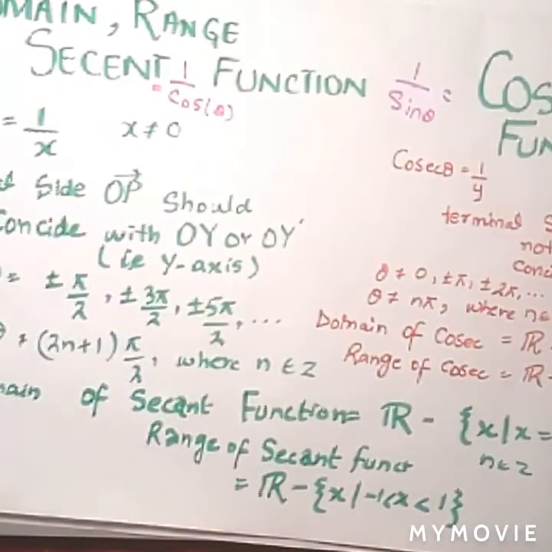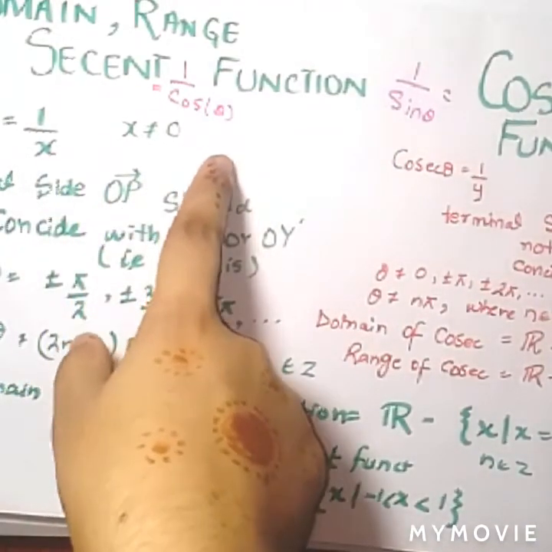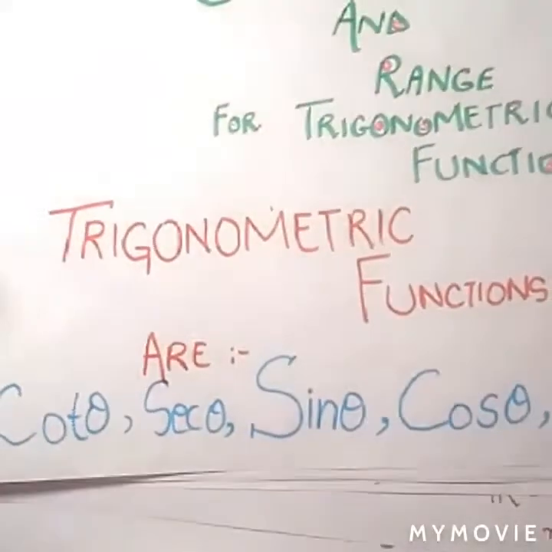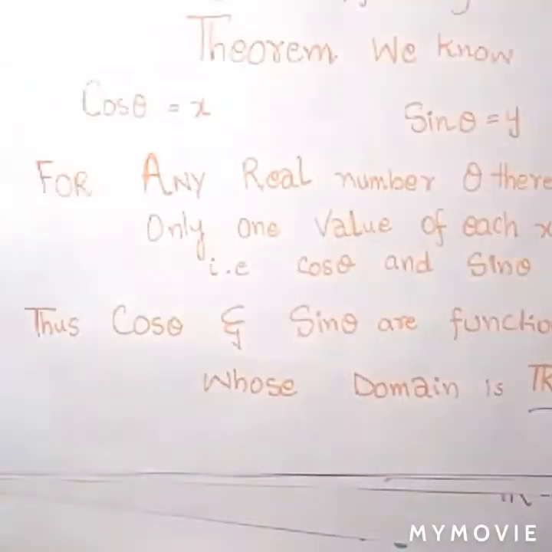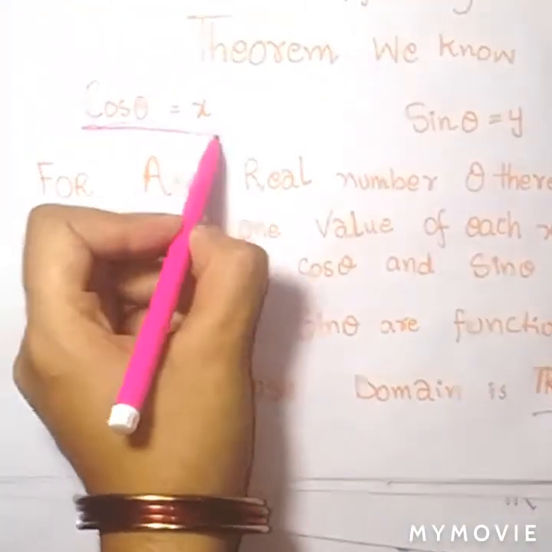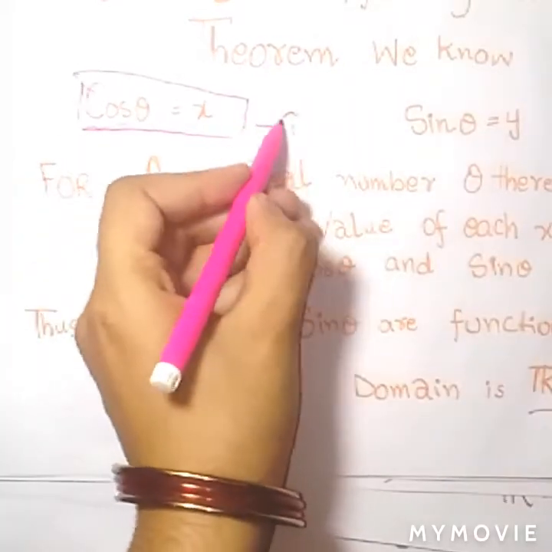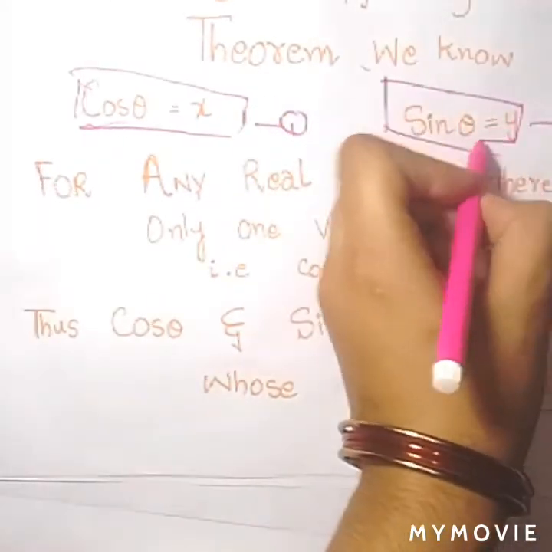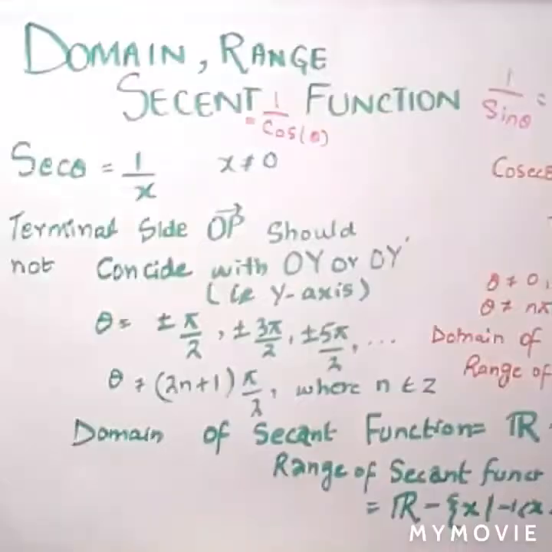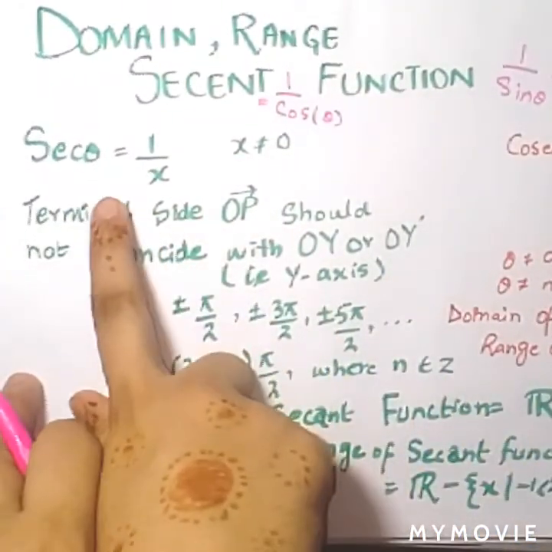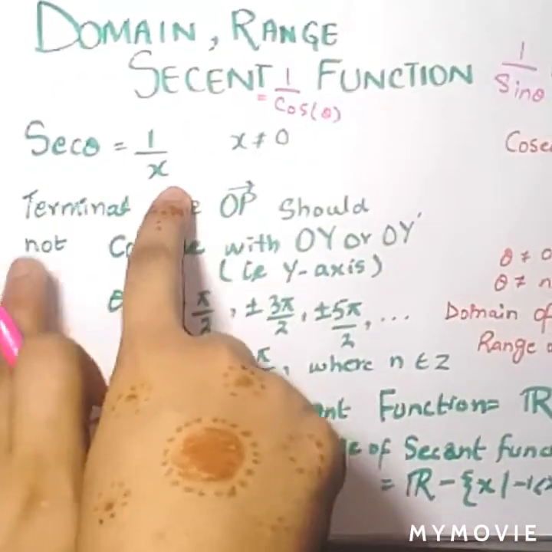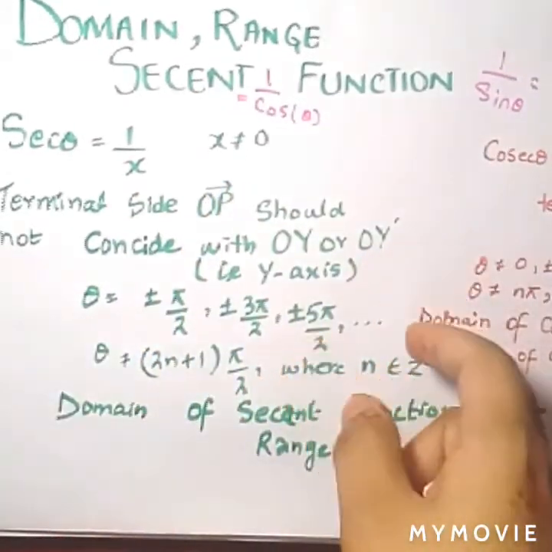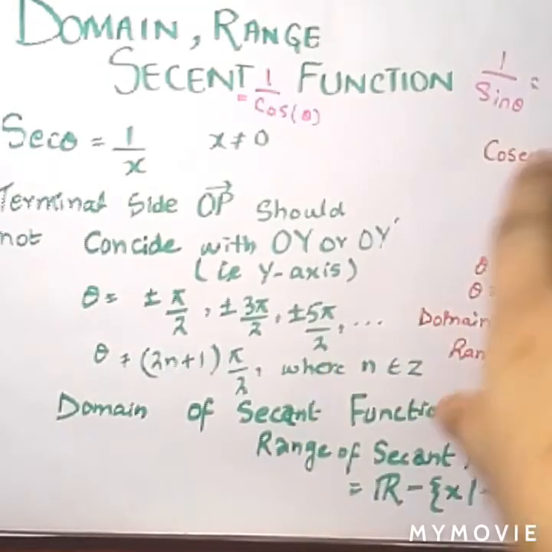Since they are reciprocals of cos and sine, remember from my start video that cos theta is equal to x, and sine theta is equal to y. From that, secant theta is equal to 1 over x where x is not equal to 0, and cosecant theta is equal to 1 over y where y is not equal to 0.